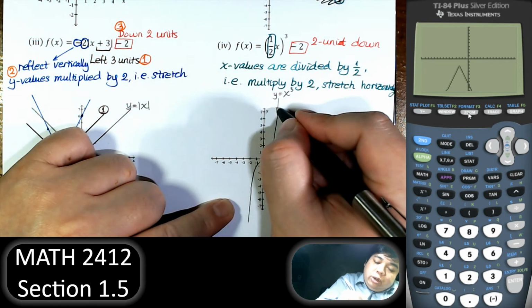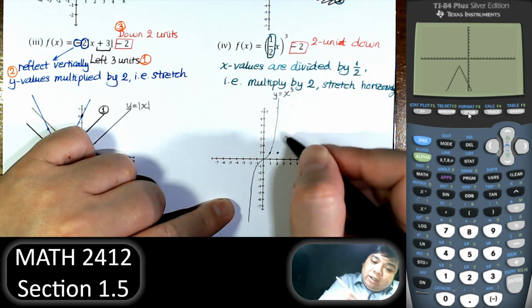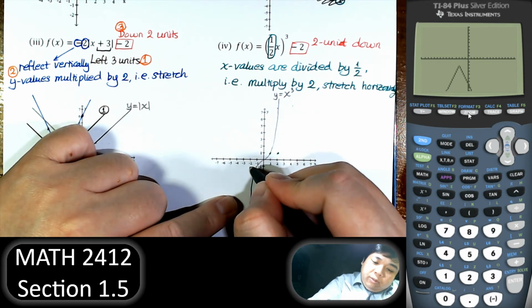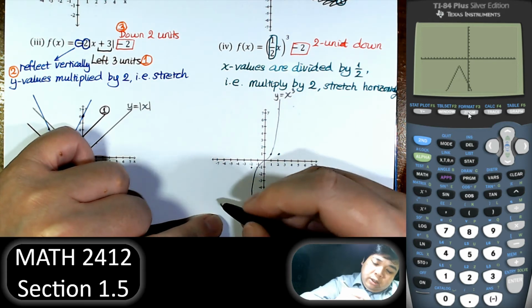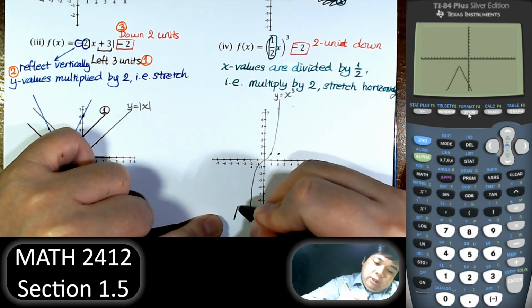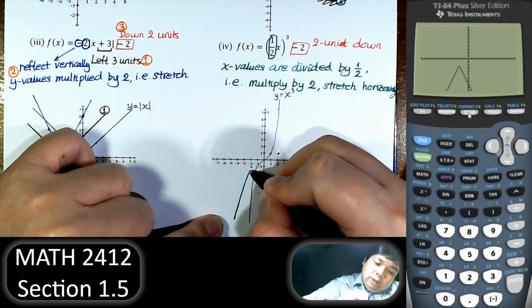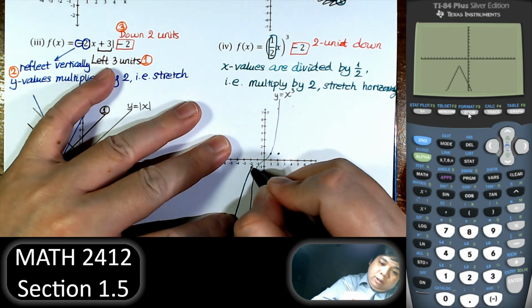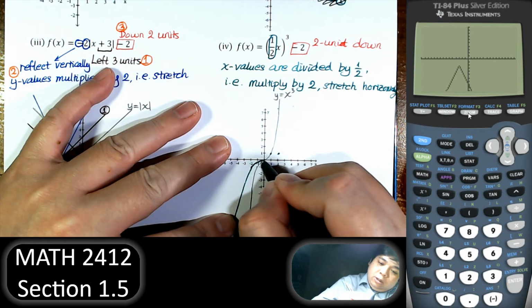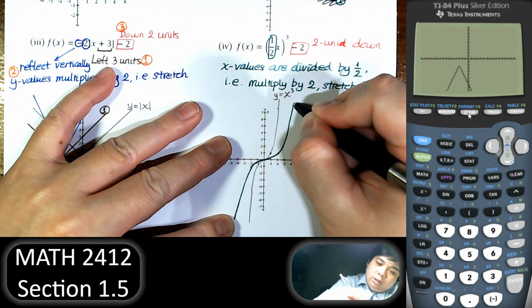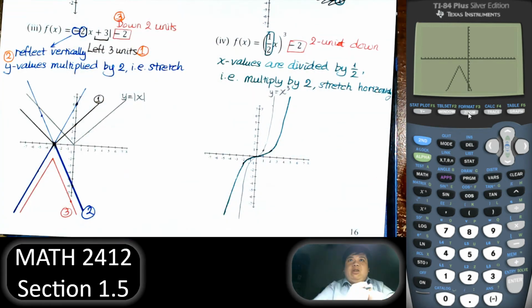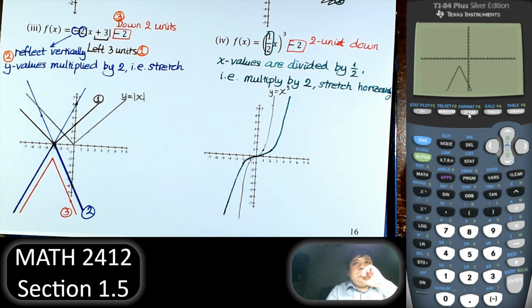If it is 2, it becomes 4. So we stretch it horizontally. And then move 2 units down, so this box is easy.